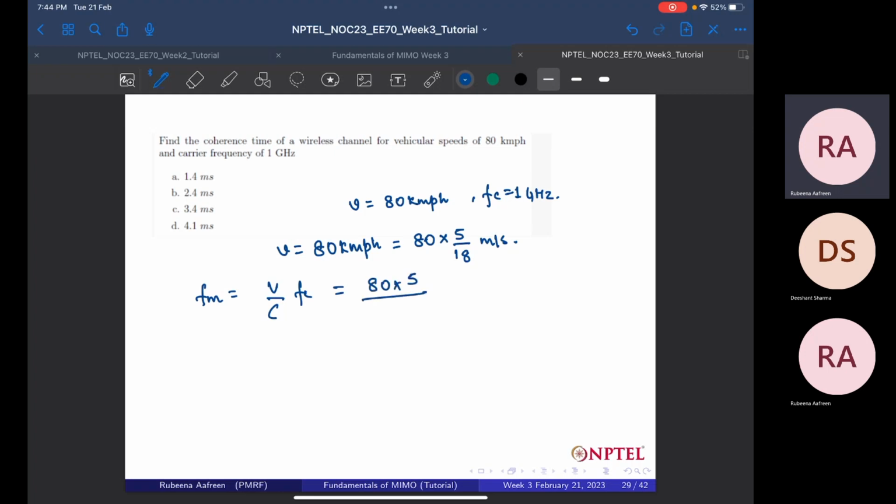That gives us... So can you calculate and tell me how much it is coming?